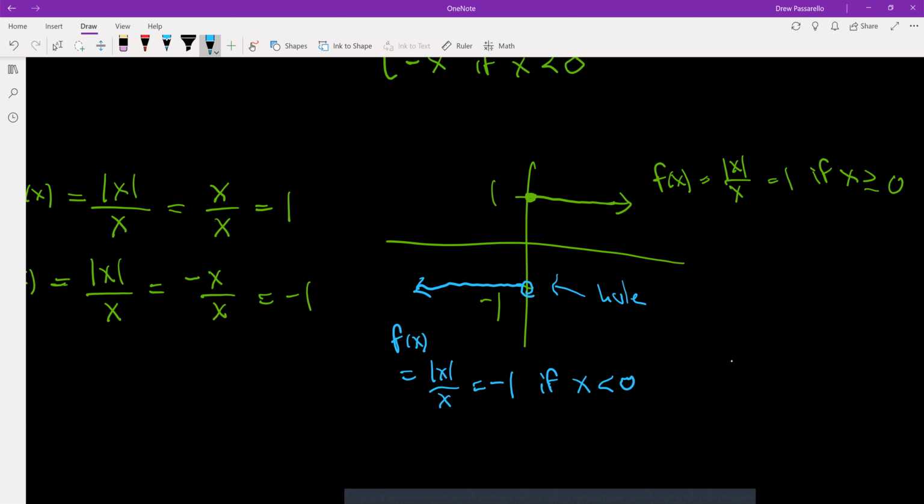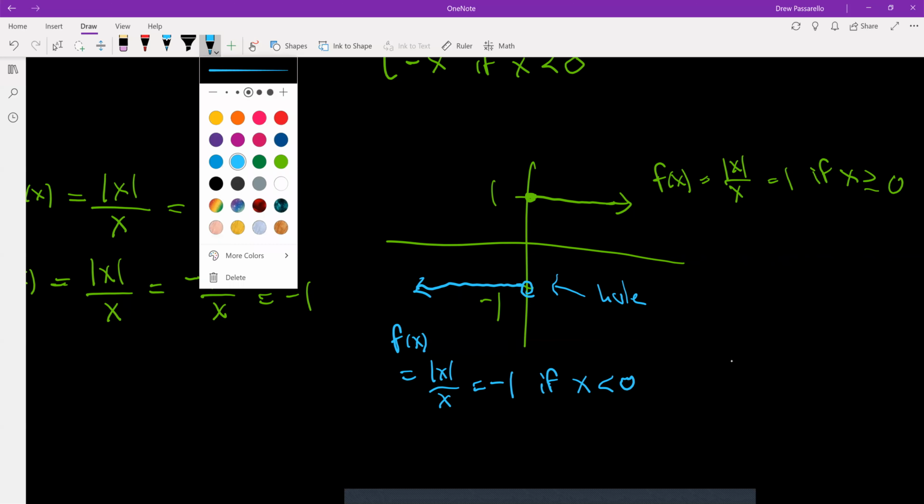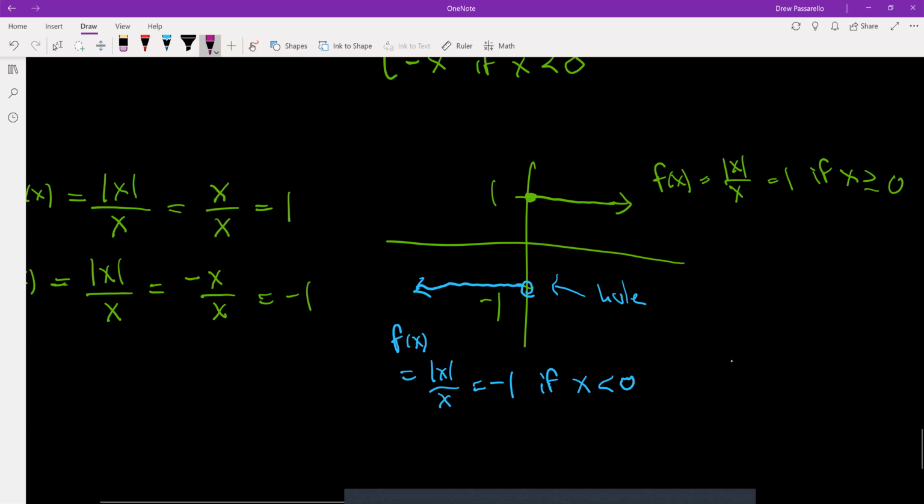All right, and since there's a break in the graph, there's no way I can connect the graph because I would have to shift one of the portions up or down.